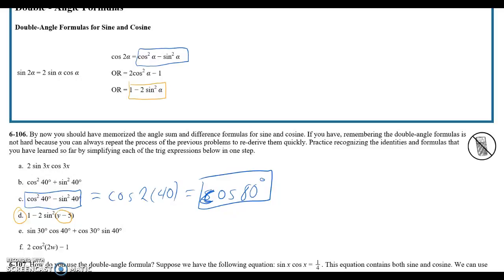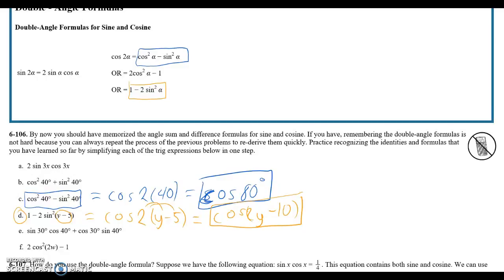That is alpha in part D. So according to this rule, this is equal to cosine of 2 alpha. So we got cosine of 2 times alpha. Well, alpha is y minus 5. Let's distribute, simplify. Cosine of 2y minus 10 is our simplified version there.